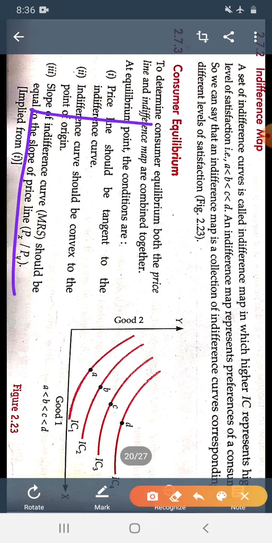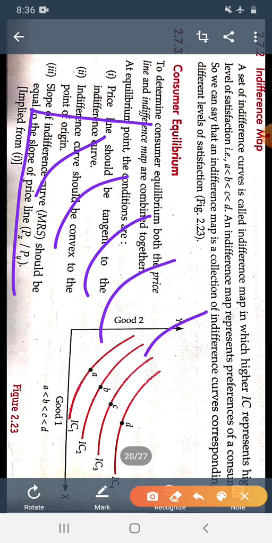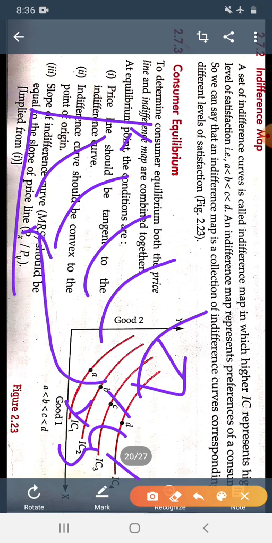Okay, that means this curve, IC5, gives more satisfaction when we compare it to IC1. A rightward shift of any indifference curve gives more satisfaction compared to the leftward IC curve.